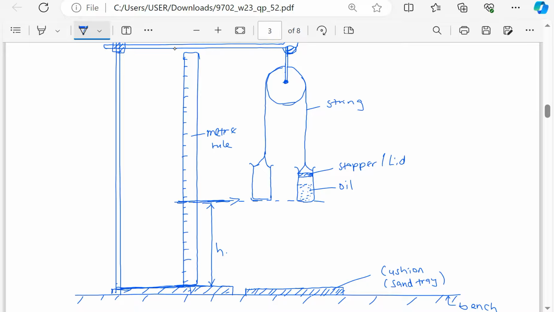So I'm using tape. So this is a pointer. To make sure that I always release the cylinders from the same level, that is going to be a pointer. So I've attached tape.